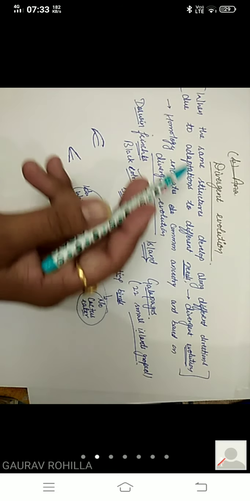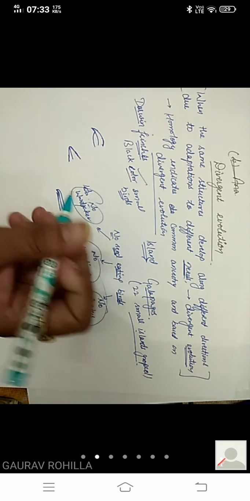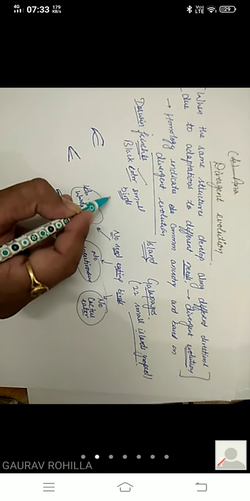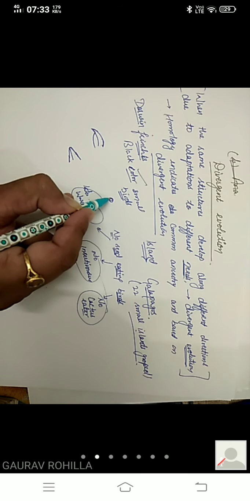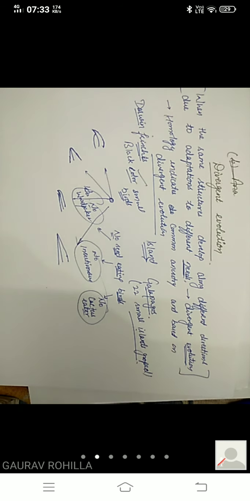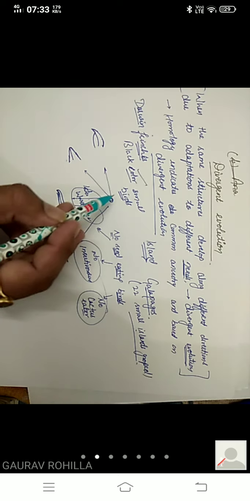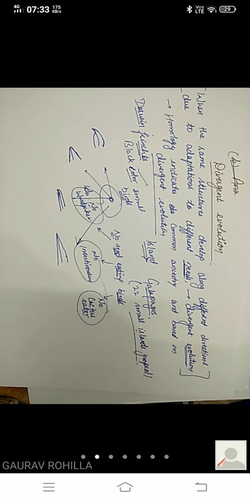Means homologous is related to divergent evolution, means the organisms stay from one place, go to another place and evolve themselves according to their need, but somehow they have common ancestral history, so that's why it is called divergent evolution here.